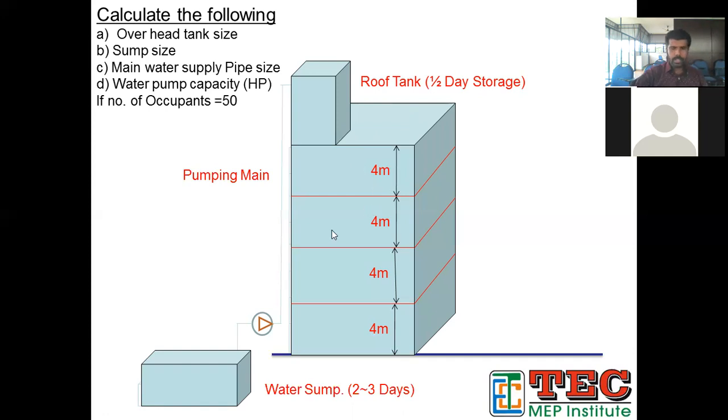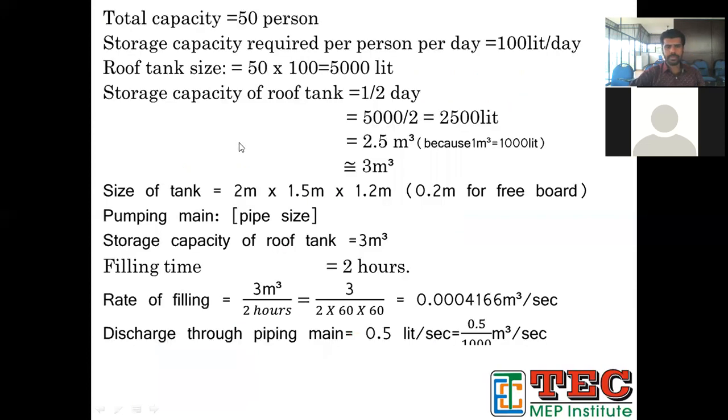That is correct. So we have found the overhead tank size, and this is the way that we have calculated. Now, the number of occupants is 50. Storage capacity required per person per day we have taken as 100 liters.